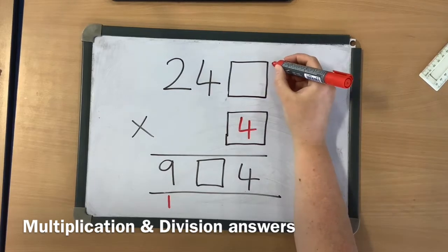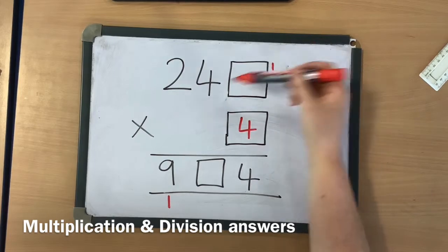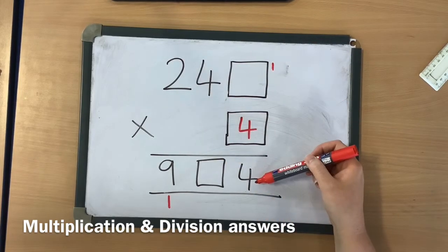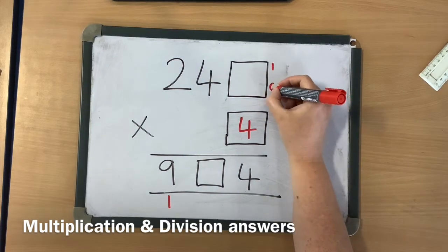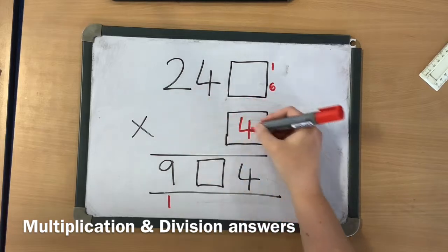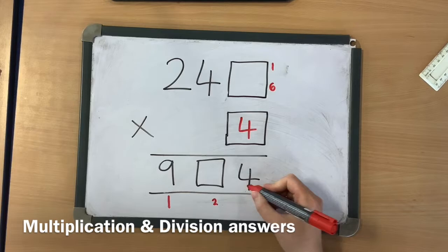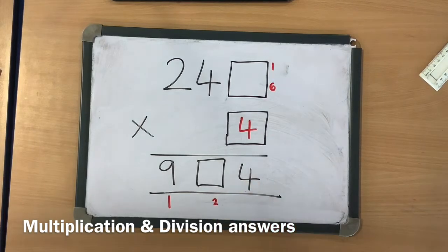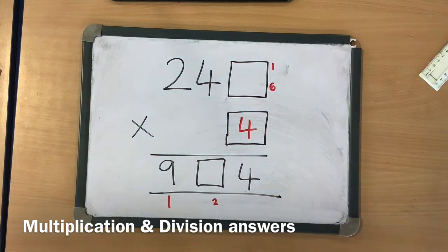I'm going to put 1 here because there's 2 different options. I could have 1 times 4 equals 4. I could also have 6, because 6 times 4 equals 24, which would then mean that I've got a regrouped tens. Also, in the 4 times table, I've got 11 times 4 equaling 44, but I can't have 11 in my ones column here, so I know that that one isn't going to work.